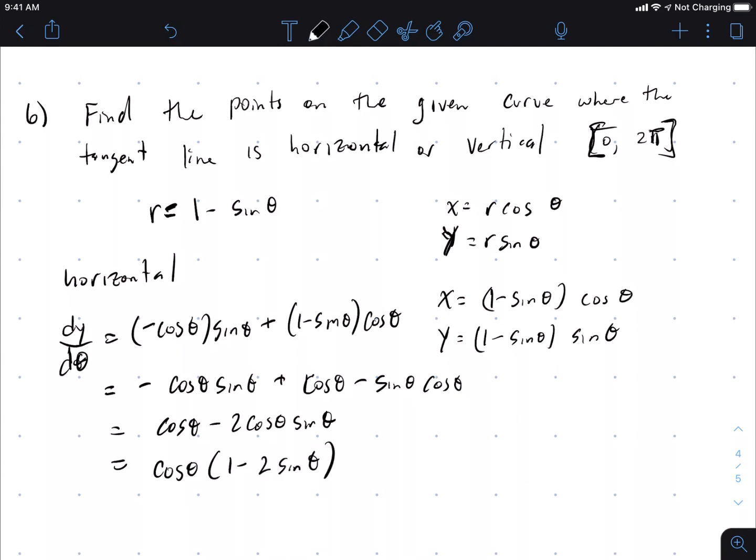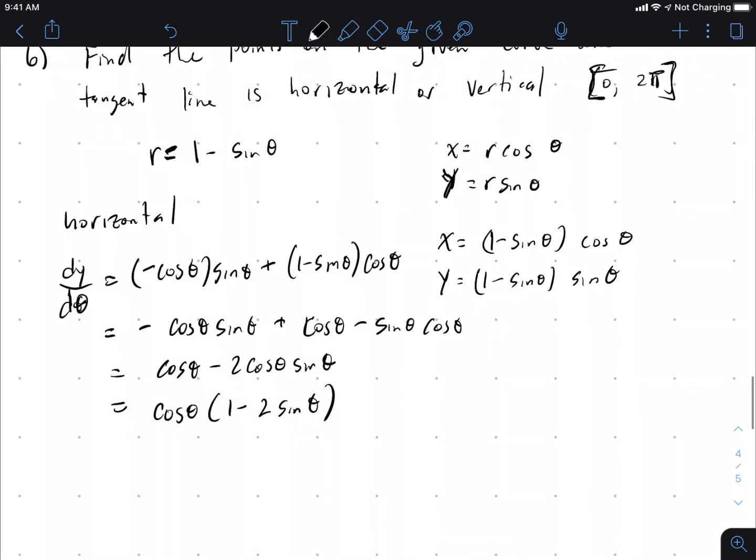Agreed? Agreed. And now we're trying to find the horizontal, so we need to set each product equal to 0, right? So cosine theta is equal to 0, 1 minus 2 sine theta is equal to 0.